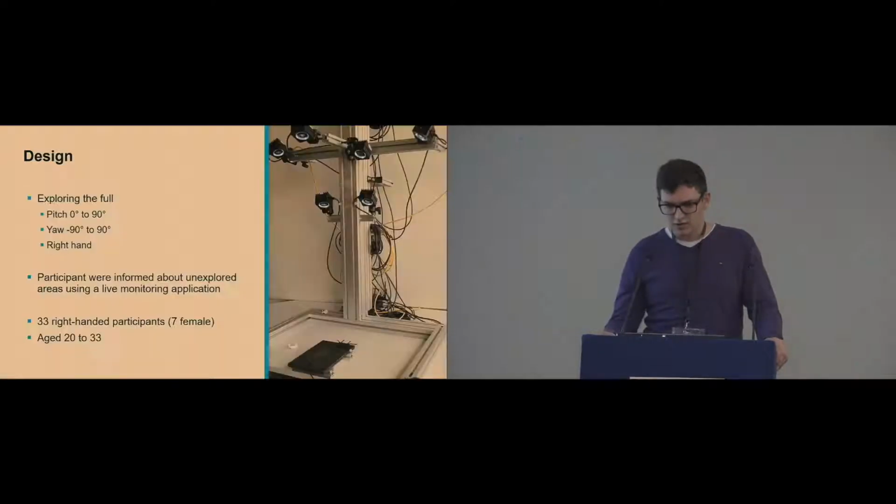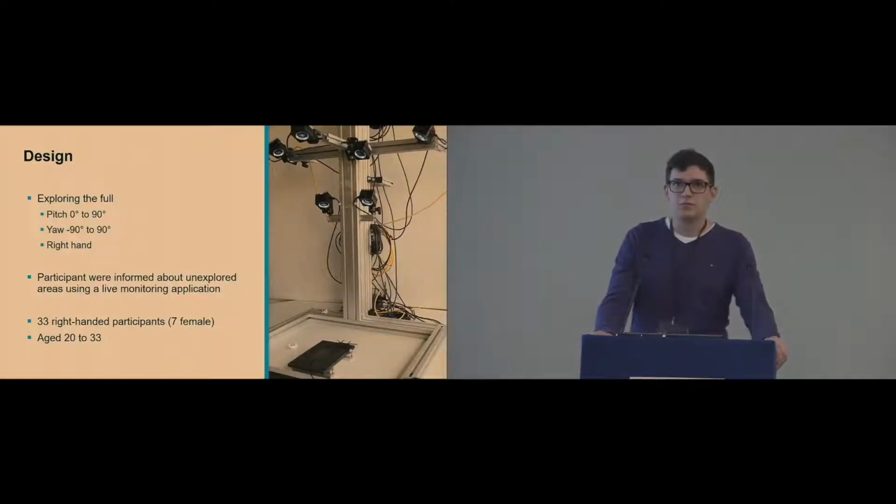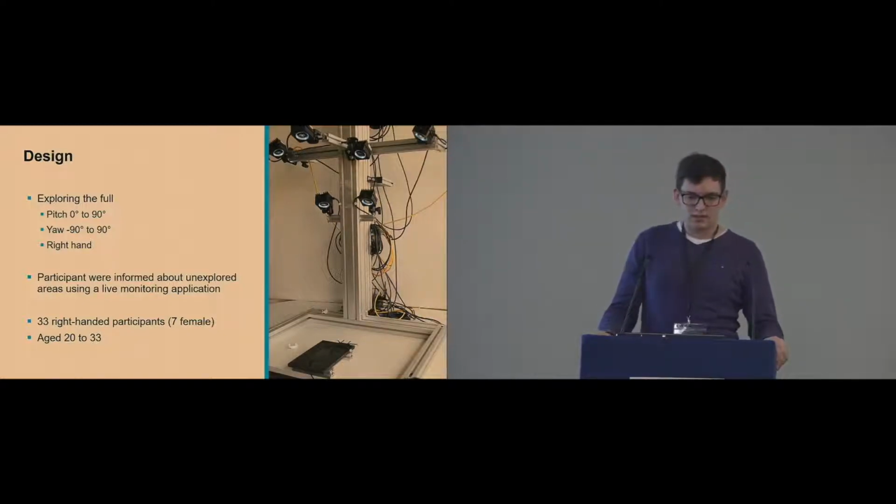In our study, we asked participants to explore the range between a very flat finger and a steep finger, so 90 degrees, and all the way from the left to the right, from minus 90 to 90 degrees, so they explored this full space with their right hand.